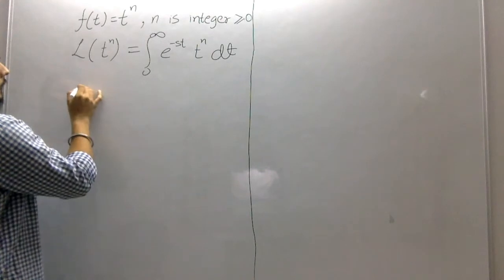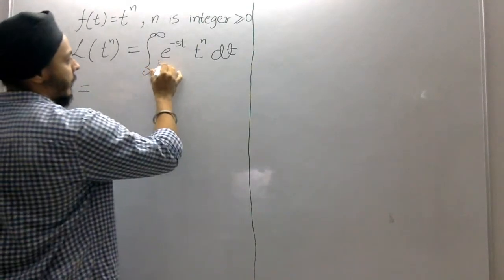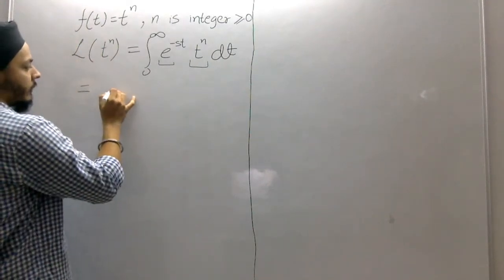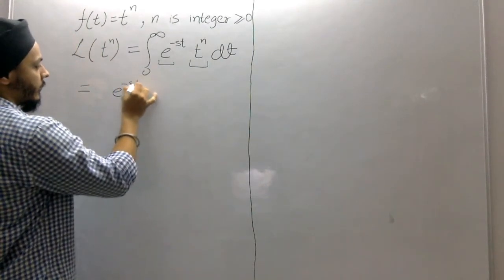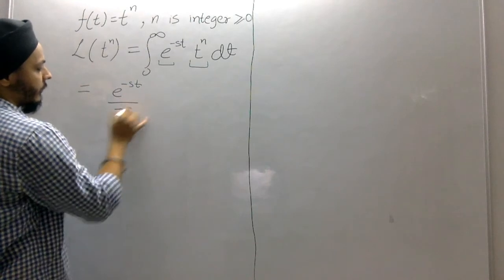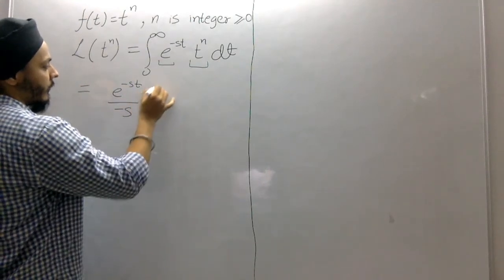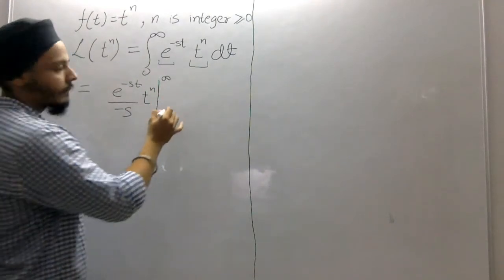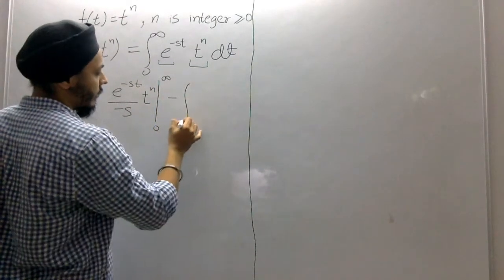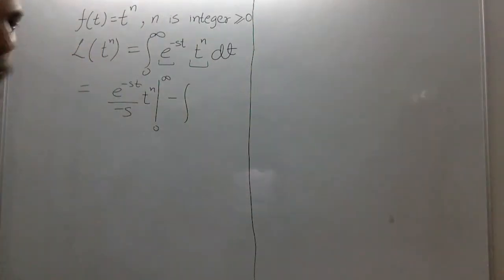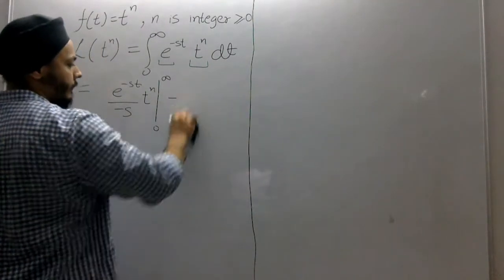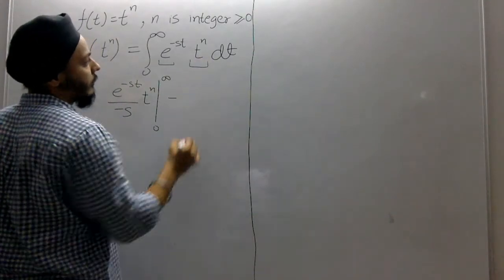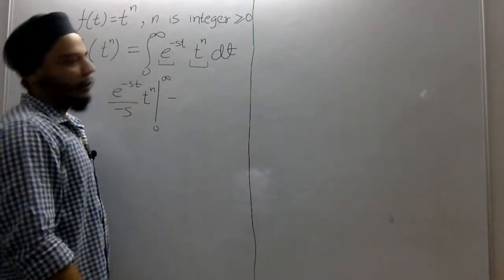So now we will be using integration by parts here. This is the first function, this is the second function. So it will become e to the power minus st divided by minus s times t to the power n, going from 0 to infinity, minus the differentiation of this function, which will be n times t to the power n minus 1.